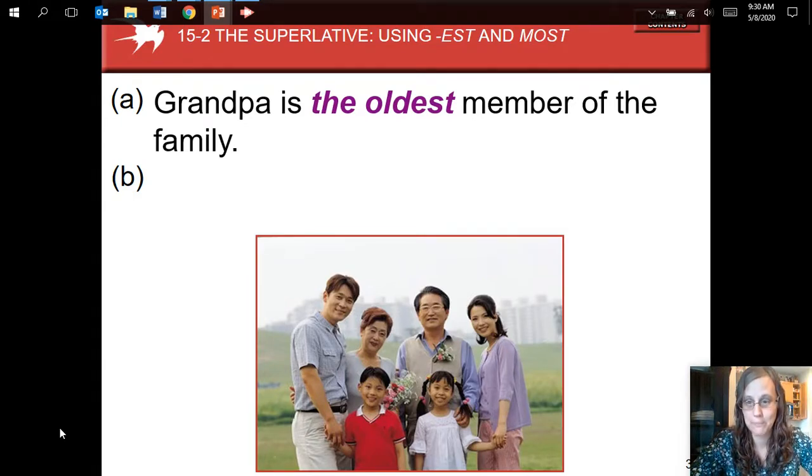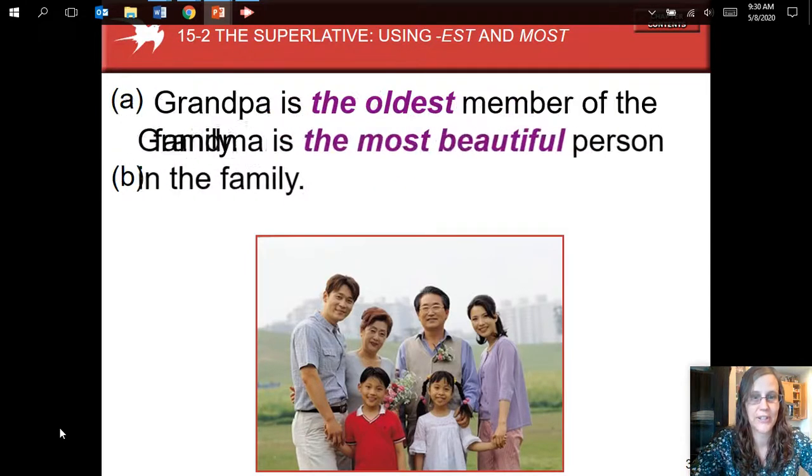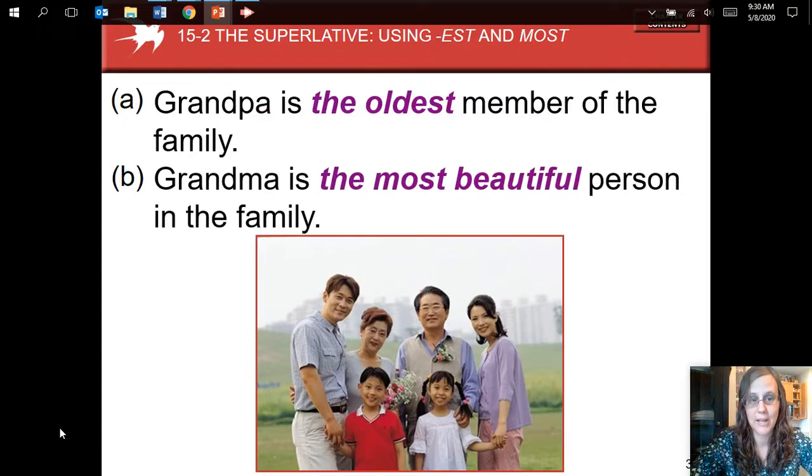So that's one form. The other form that we see with other adjectives is here. Grandma is the most beautiful person in the family. So you can see the two different forms, right? We have the oldest with EST at the end, and the before.